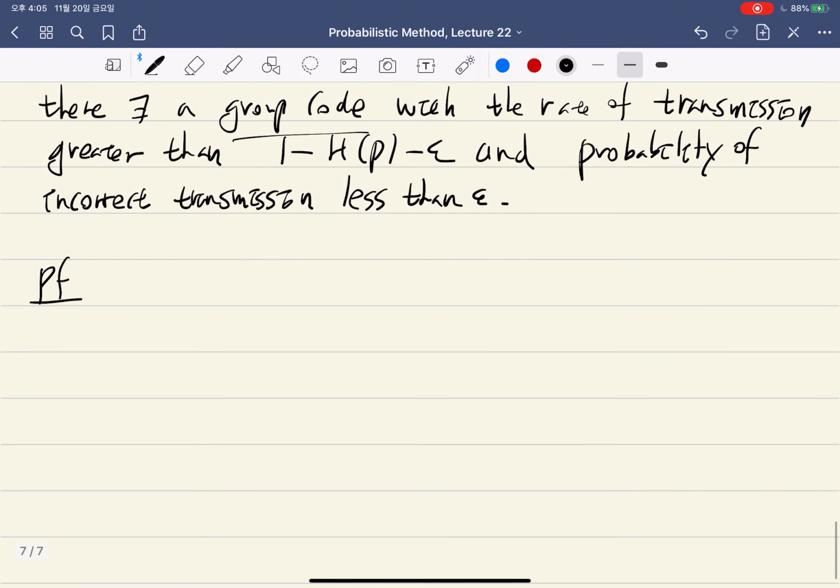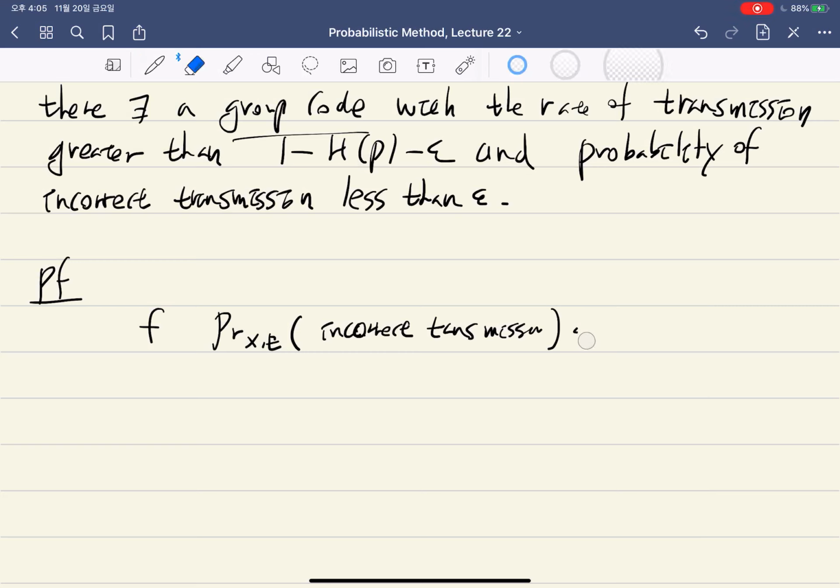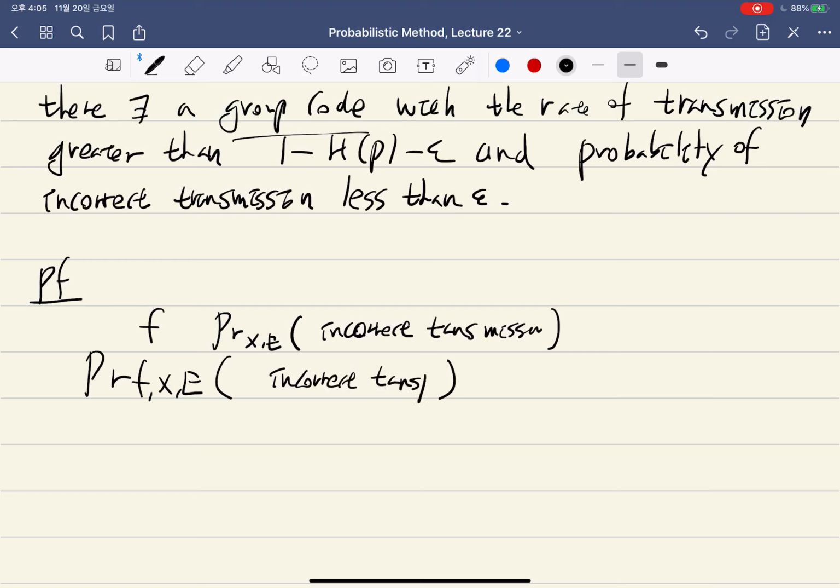We prove that if we generate f at random, then at least one of them is what we want. And how do we prove this? We generate f at random and measure the probability of incorrect transmission when x and e are chosen at random. So we want to find f such that this is smaller than epsilon. We generate f, x, e, everything at random, and we show that the probability of incorrect transmission is less than epsilon.